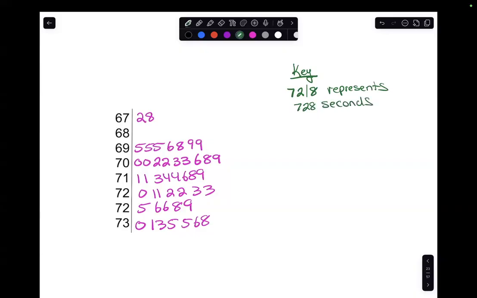This way, anybody looking at your stem and leaf plot can understand what each one means. That way they can look at that and go, okay, so if 7 | 2 8 is 728 seconds, then 7 | 3 5 must be 735 seconds. That way they can read it.